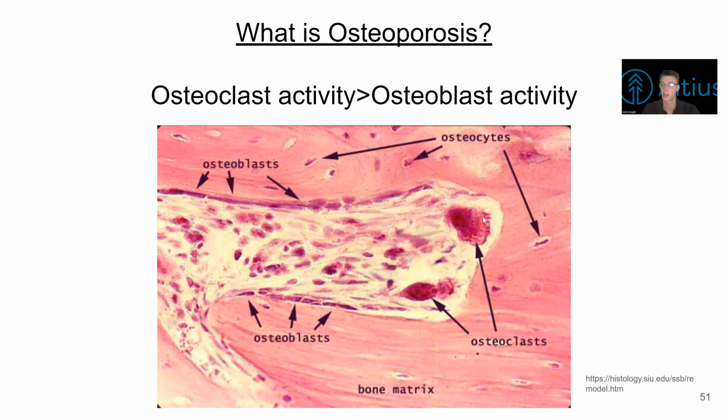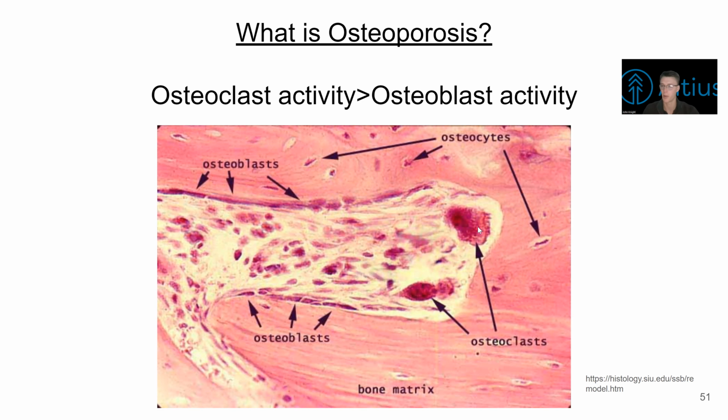Conversely, osteoclasts are the cells responsible for breaking down the bone tissue. They also help to regulate the amount of calcium in your blood. If the calcium in your blood is low, these guys will eat away at the bone tissue and restore a balanced amount of calcium in your blood.